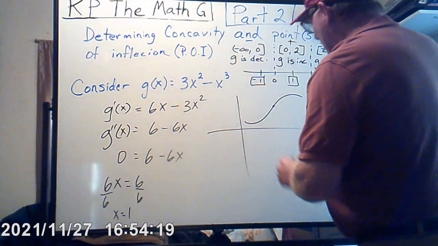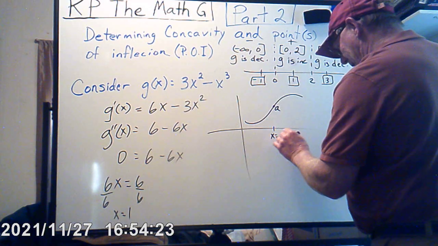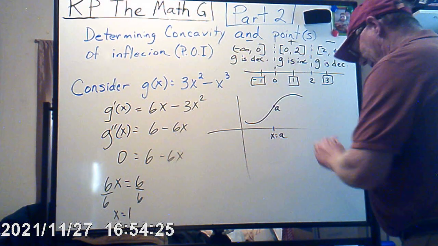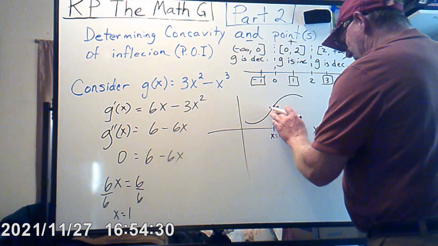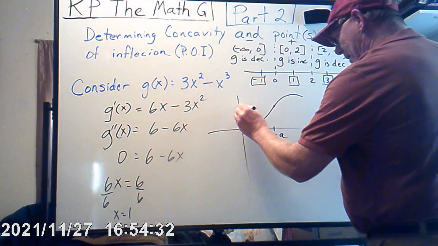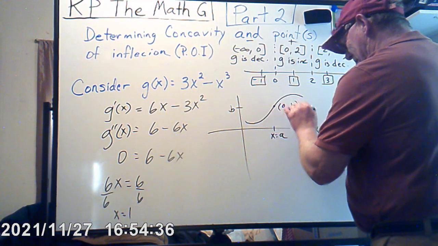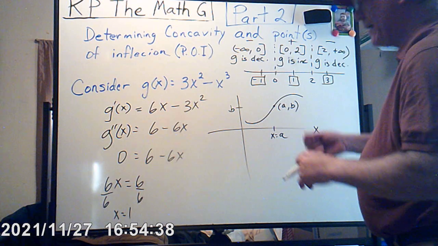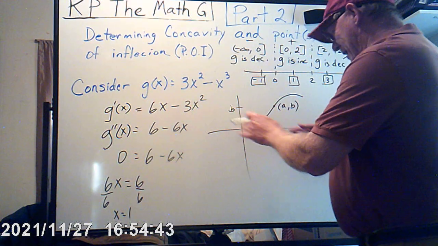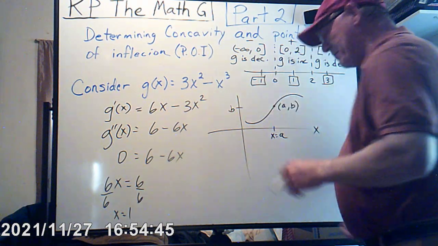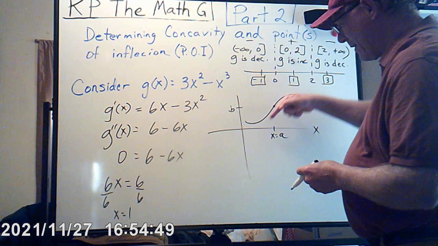If this is A right here, if x equals A, then we would have a point, so maybe we'd call the y value B. At A comma B we have a point of inflection, which divides it. It kind of comes as an in-between point for the change of concavity.